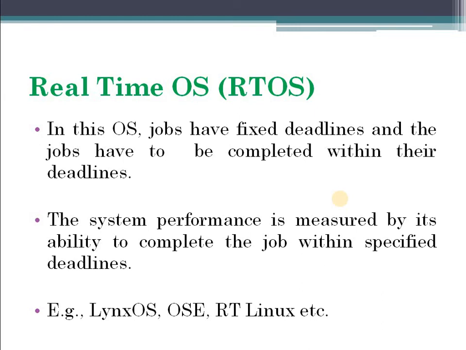The performance of RTOS is measured by its ability to complete the job within specified deadlines. If the OS is capable of completing the execution of all the programs by the specified deadline, then it is known as a good OS, the best OS, or if not, then modification or updation is required in that OS.